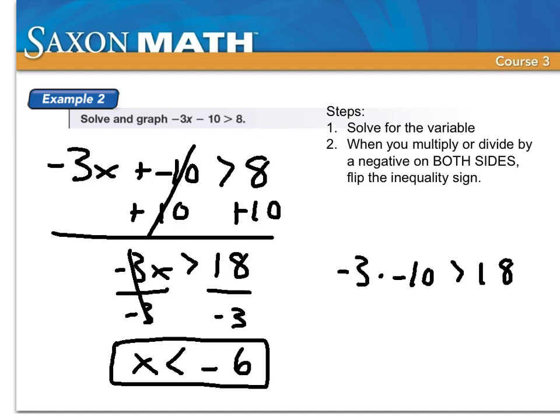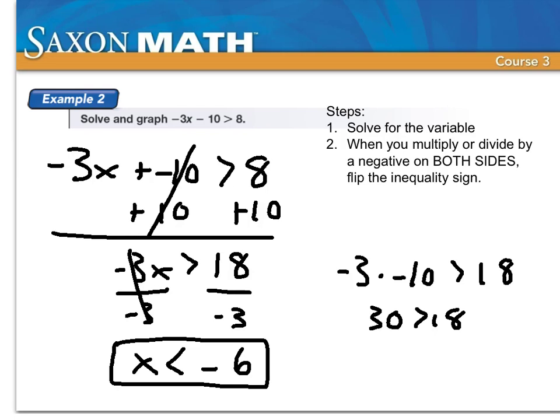Okay, so we picked a number less than -6, -10 is less than -6, and now we're going to solve this. -3 times -10 is 30, which is bigger than 18. Okay, so this works for this part right here. And this happened because we had to flip the sign when we divided by the negative.